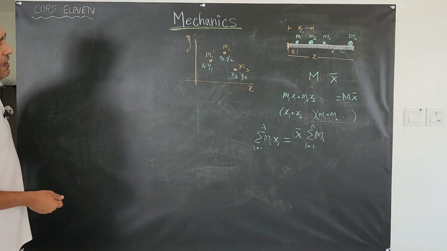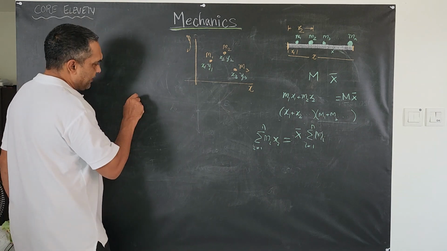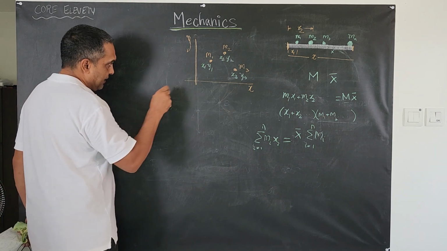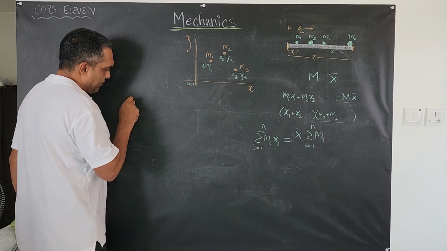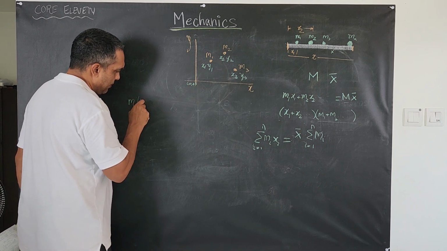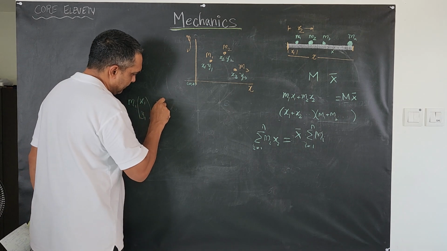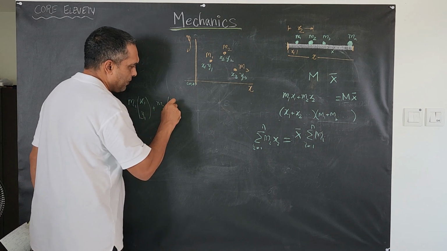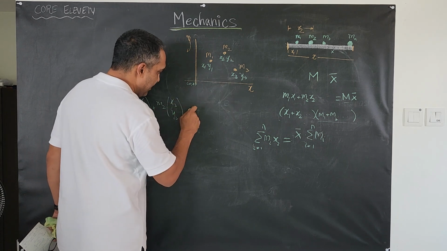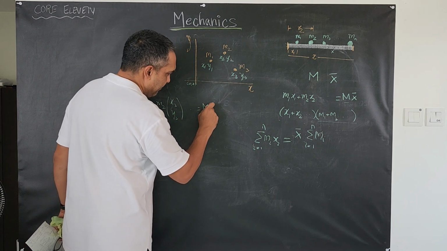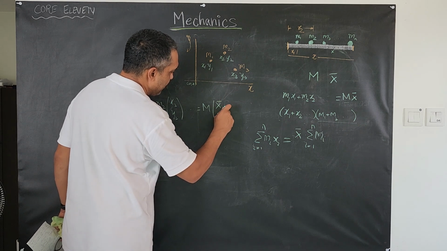You would effectively have something similar, and if you know your vector notations, in that particular case, if this was 0, 0, this would be m1, x1, y1, m2, x2, y2, and the number of masses would be equal to m times x bar, y bar.